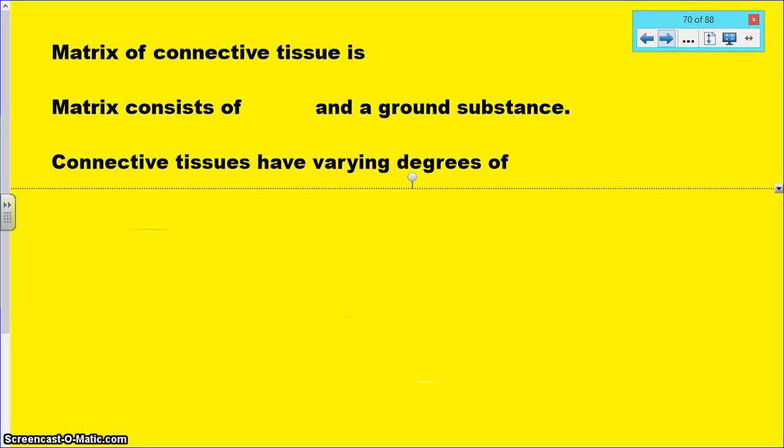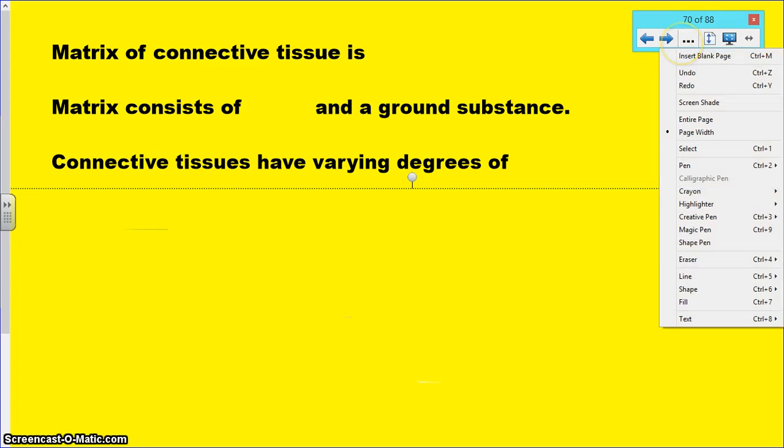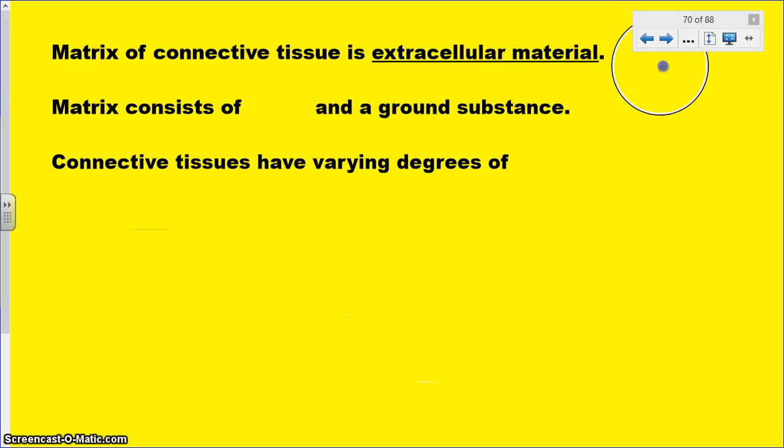Now, one of the terms that we'll be using when we talk about connective tissue is the matrix. And the matrix refers to the extracellular material. Tissues are composed of multiple types of cells. And with connective tissue, a lot of times there's open space around the cells.